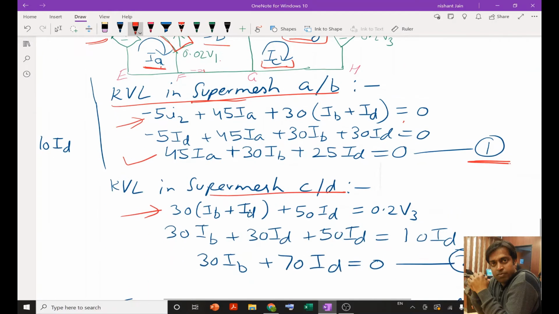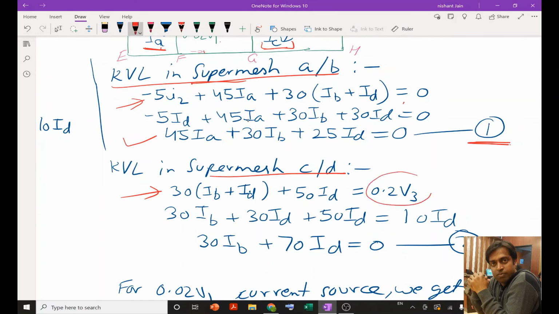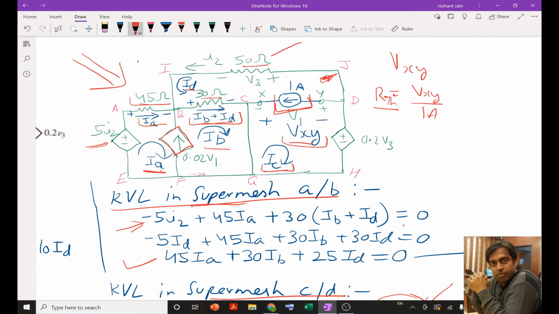And once we get this equation, over here you can see we have this V3. So we can try to replace the value of V3 with some currents IA, IB, IC or ID. So let's see what can be the value of V3. If we see this particular, you can see from here V3 is nothing but it is 50 ID, right?